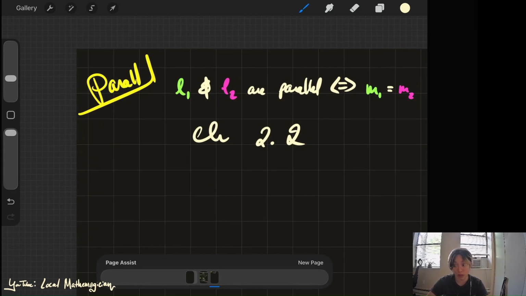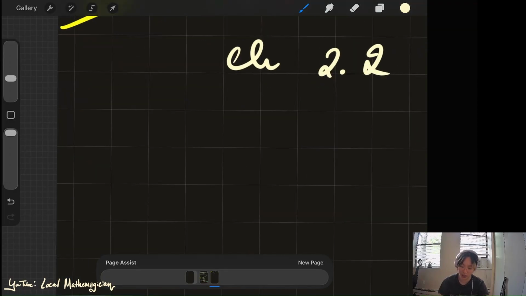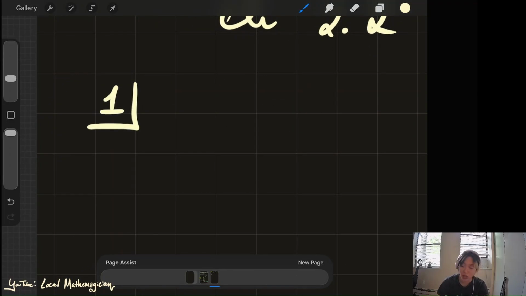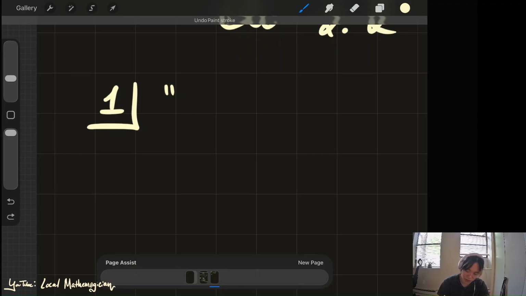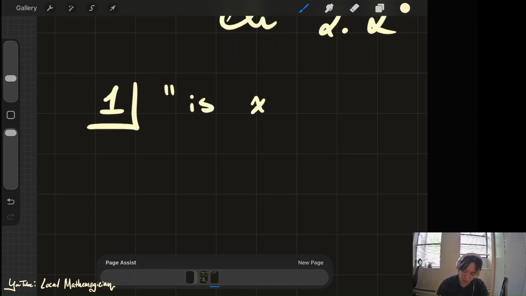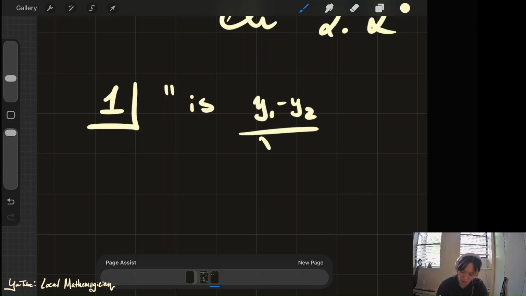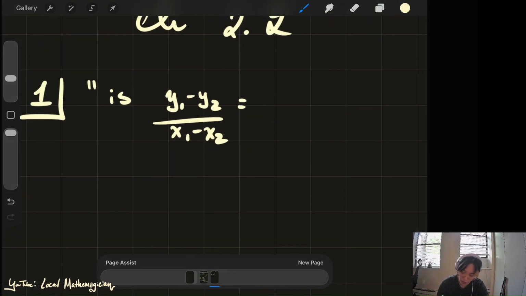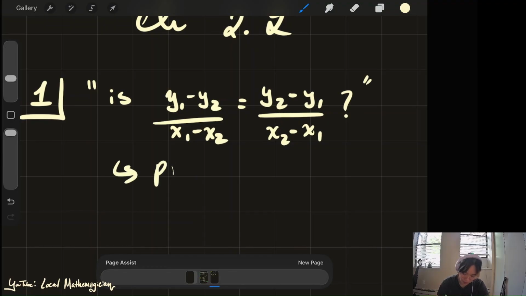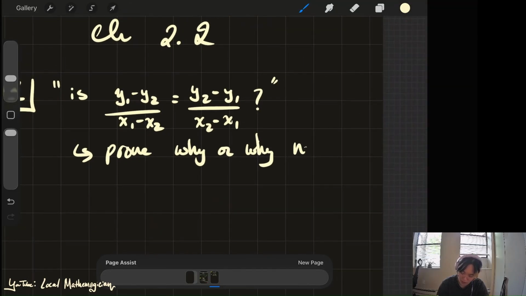In terms of problems, I want you guys to work out the following, okay? One, and this is a question for me: is y1 minus y2 over x1 minus x2 equal to y2 minus y1 over x2 minus x1? Prove why or why not.